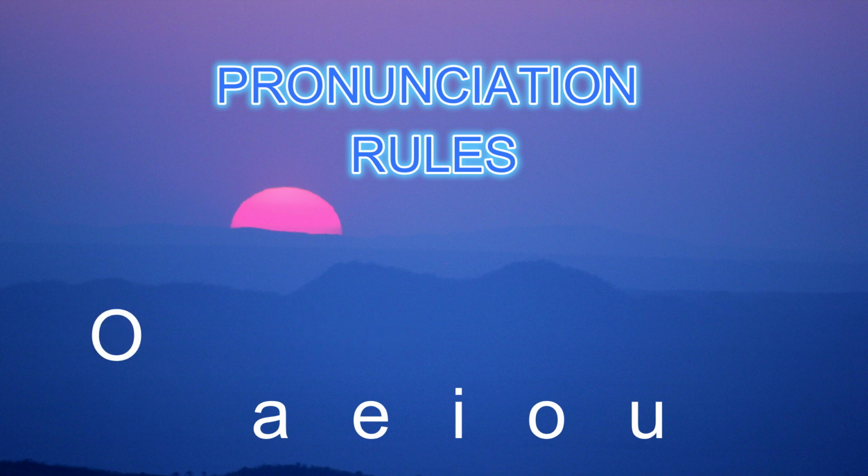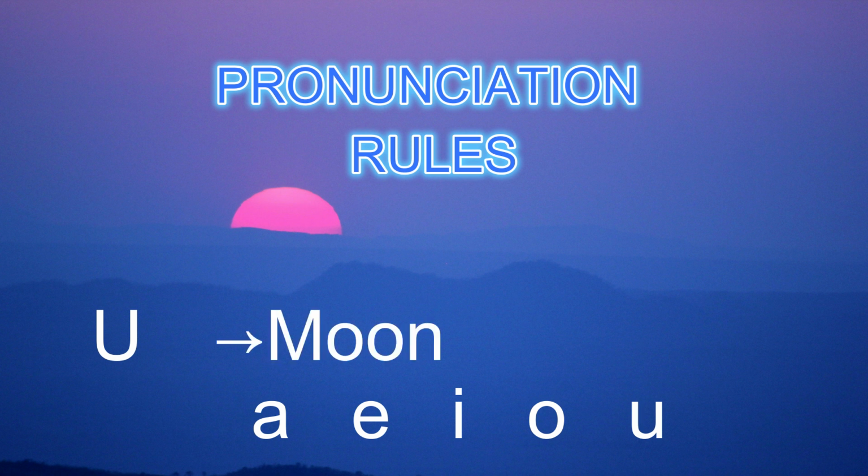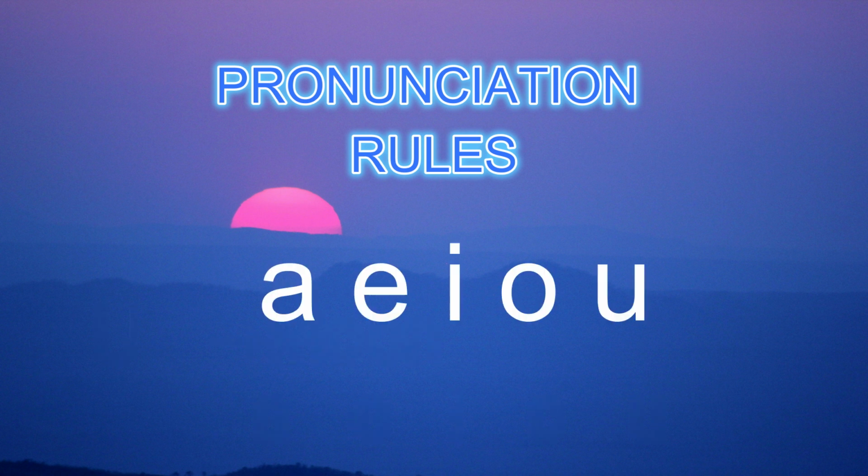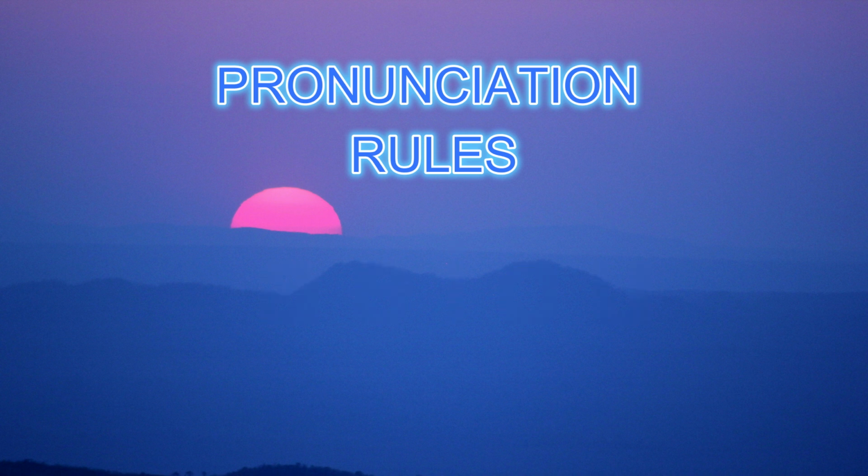O is pronounced as O, just like in English, for example, corn. And then U is pronounced as U, like in the word moon. So it's A-E-I-O-U, but in Swahili it's pronounced A-E-I-O-U.